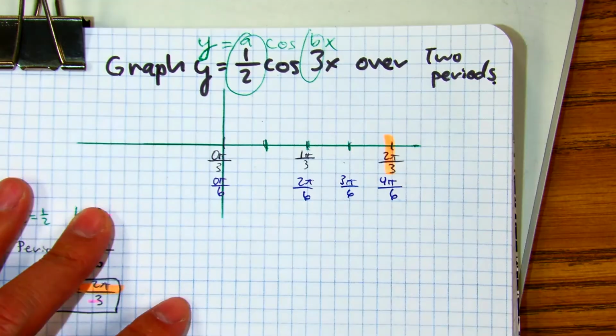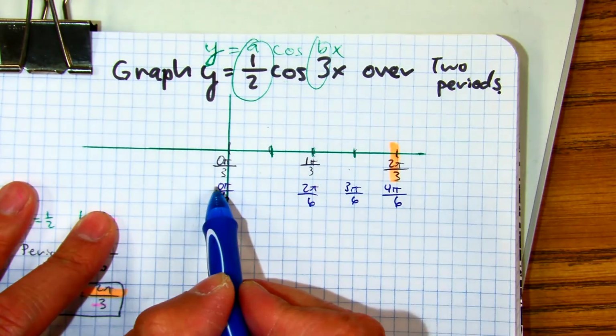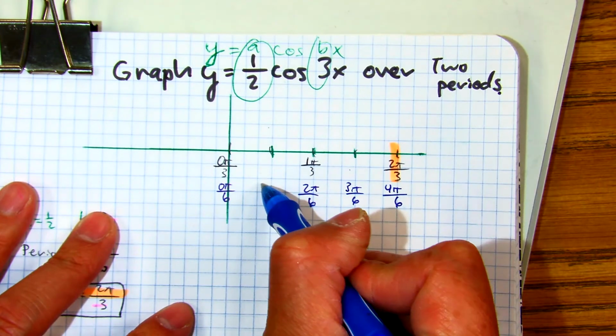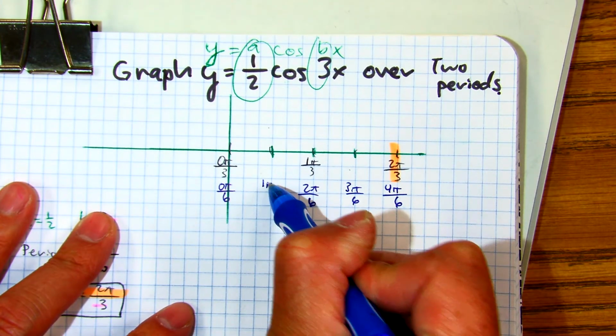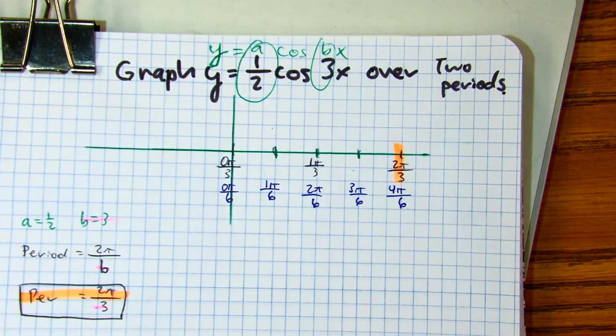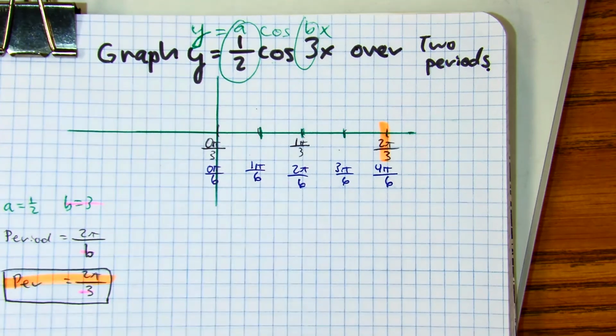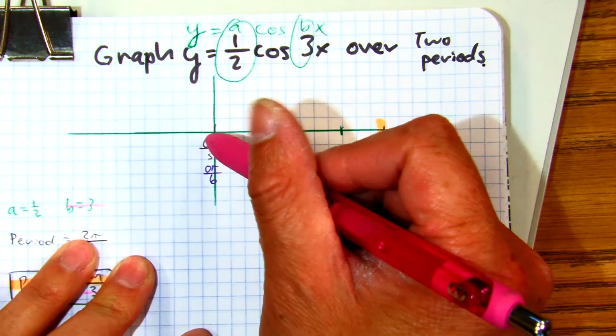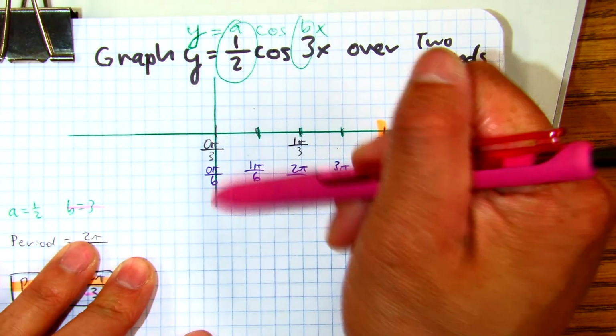You see the pattern? 0 pi over 6. What's this one? 1 pi over 6. 2 pi over 6. 3 pi over 6. 4 pi over 6. And now I'm just going to circle the one that's reduced, if we have it. Class, if you reduce, which one is the best one?